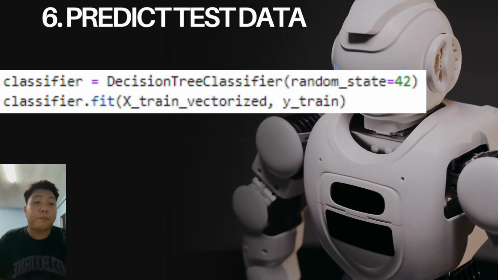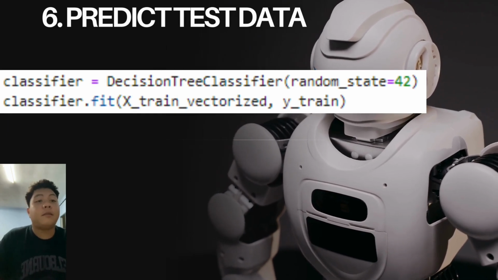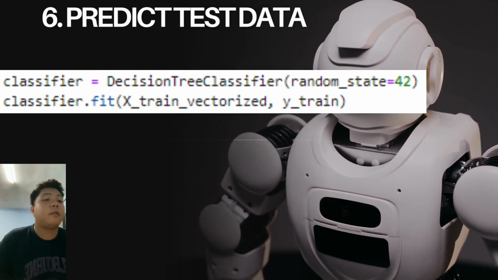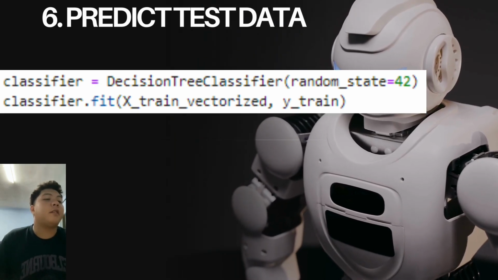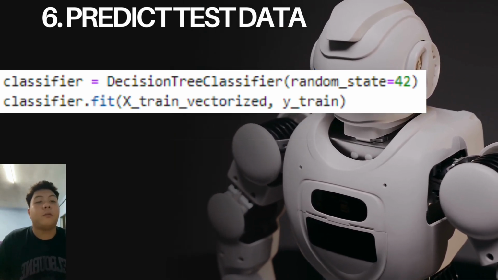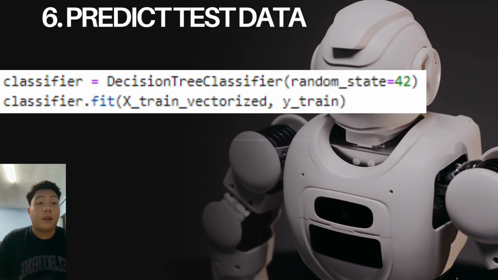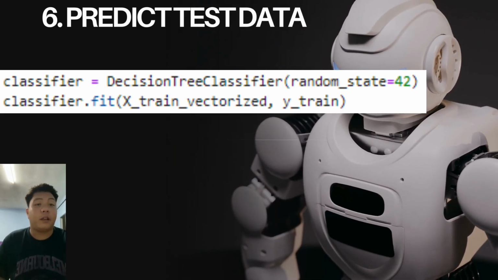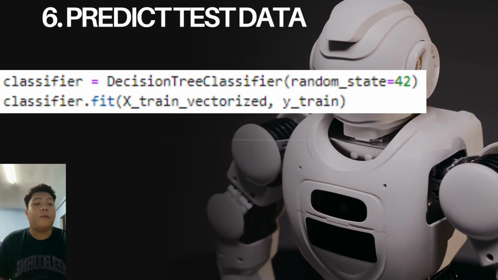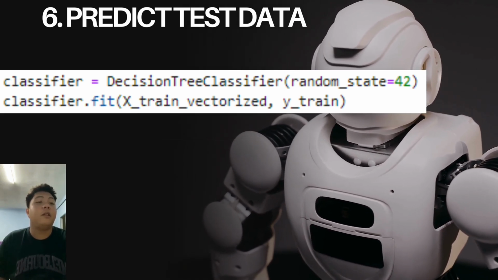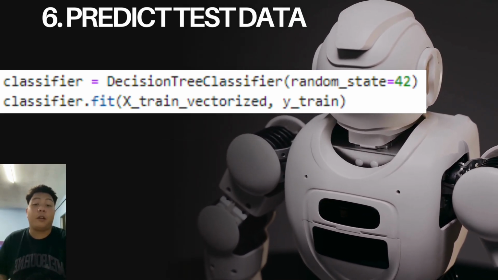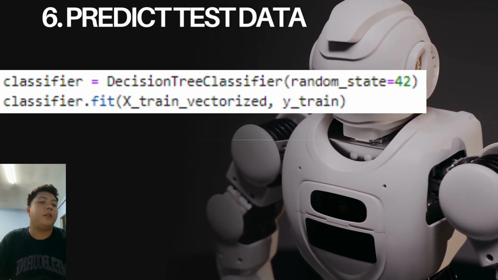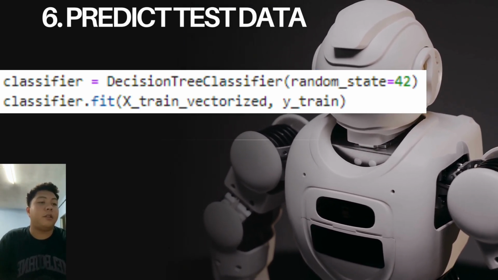Okay, next, predict on X_test_vectorized. This method takes the text data X_test_vectorized, which should be in the same format as the training data but not seen by the classifier during training, and predicts the label for it using the trained decision tree classifier. y_pred is the variable that holds the predicted labels for the test data.